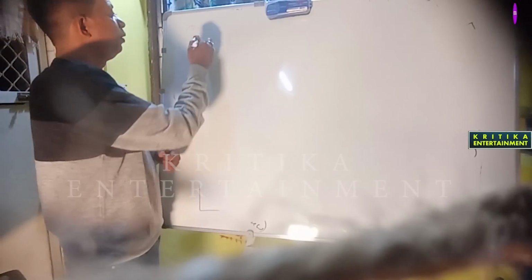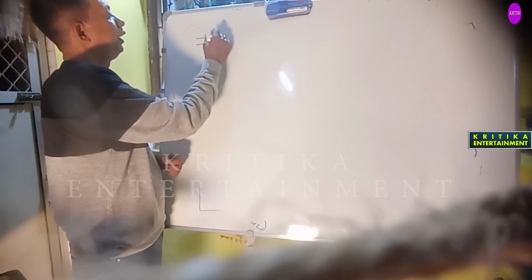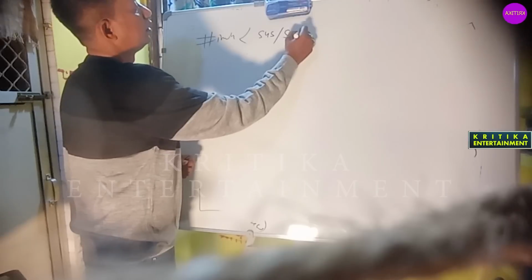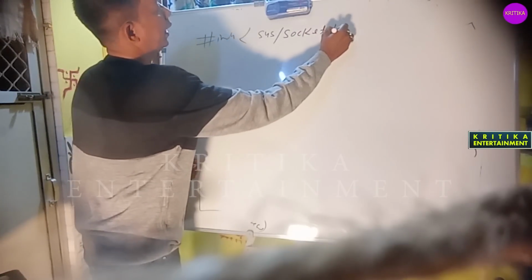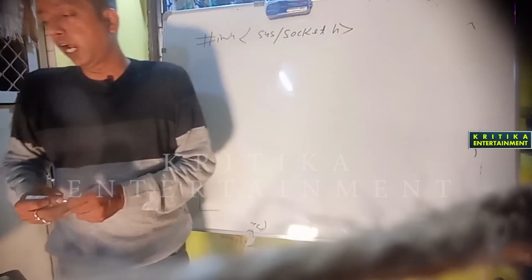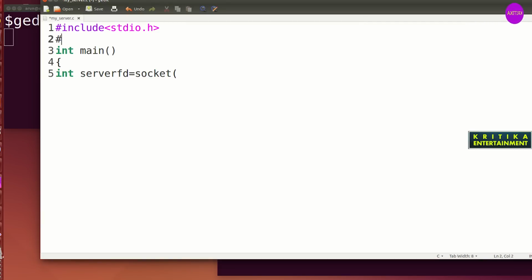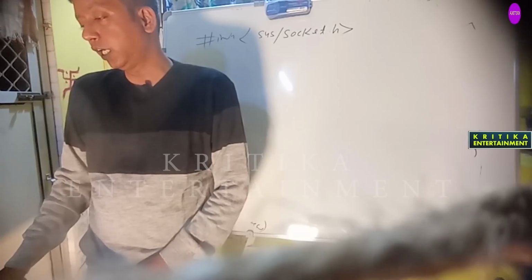You remember, I will write hash include sys socket dot h header file. So here I will declare the header files, hash include sys/socket.h. Then I declare socket.